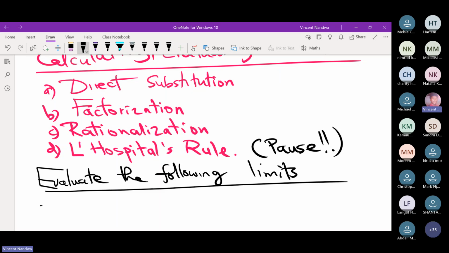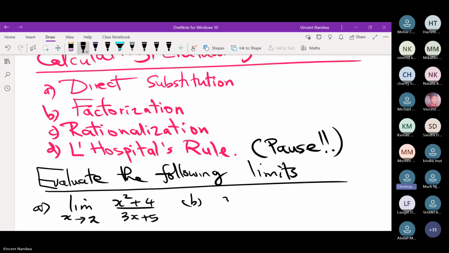So the first one is limit as x approaches 2 of x squared plus 4 over 3x plus 5. B, limit as x approaches 2 of x squared minus 4 over x minus 2.